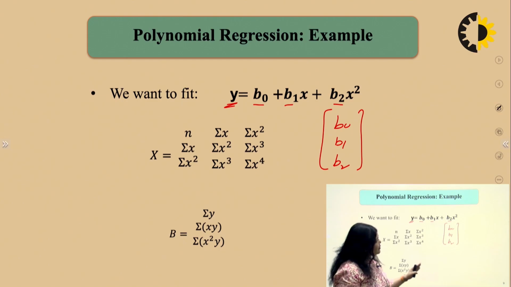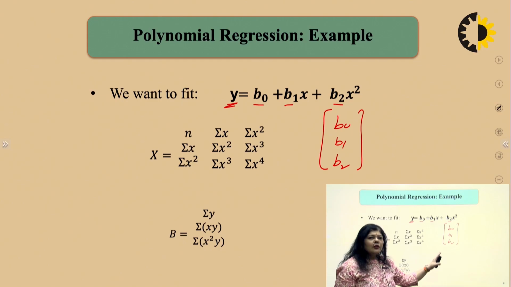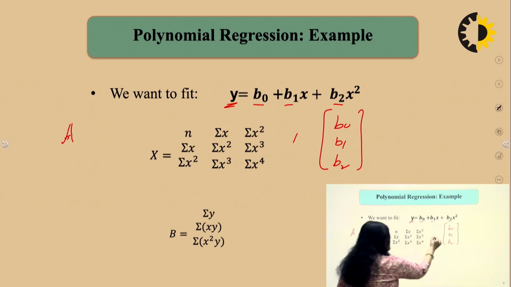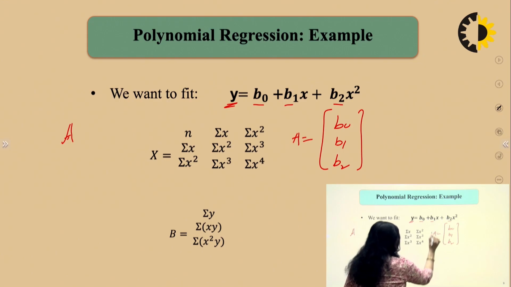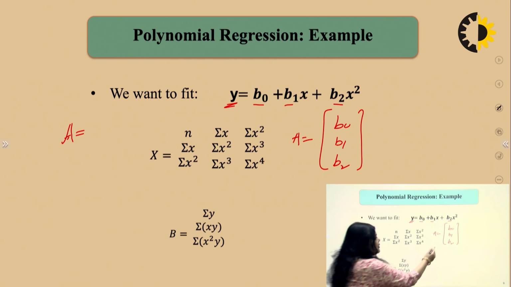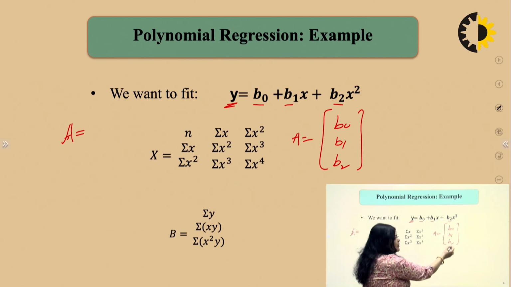Now the first problem here is to find out the value of the coefficients b0, b1 and b2. How are we going to find it out? For that, there is one equation. For example, if I represent this B matrix as A, so I can say that this is my matrix A, consisting of all the 3 coefficients.